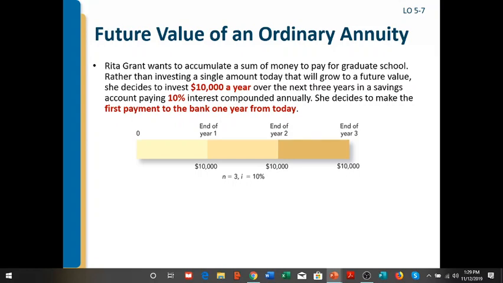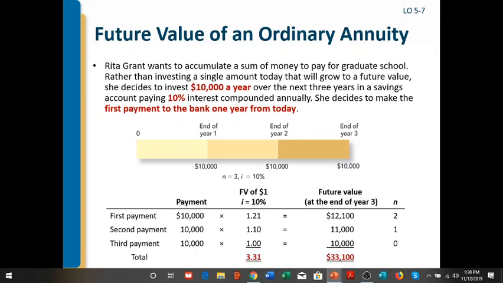Well, you've got two payments of $10,000 at the end of year 1 and end of year 2 that are going to earn compound interest of 10%. Now the payment of $10,000 at the end of year 3 is not going to earn any because it's not going to be in savings, except for that one day.